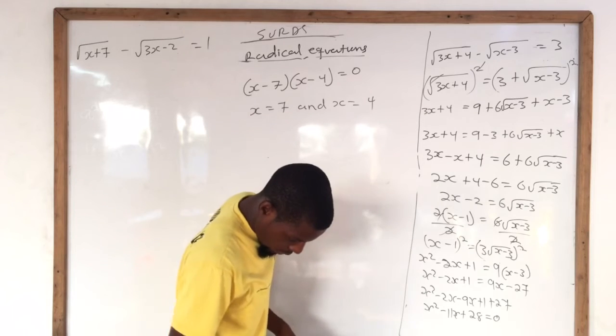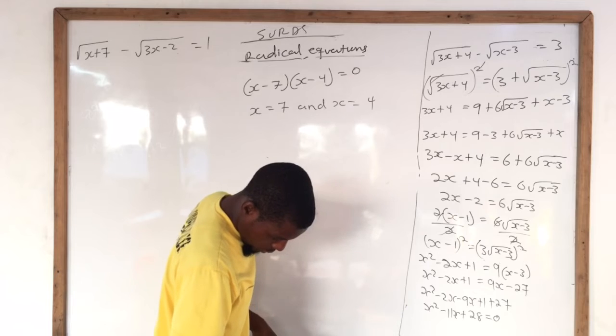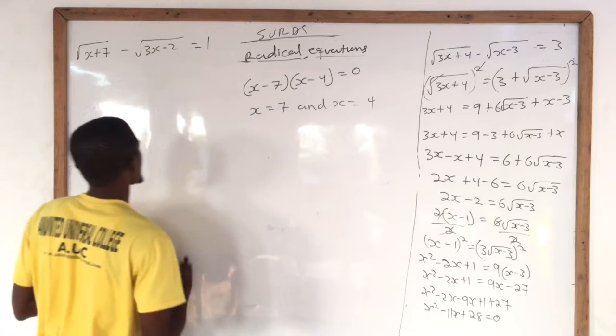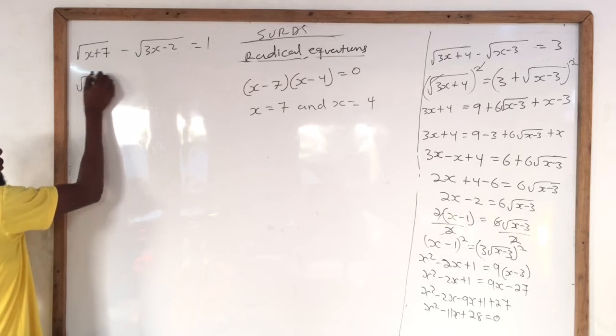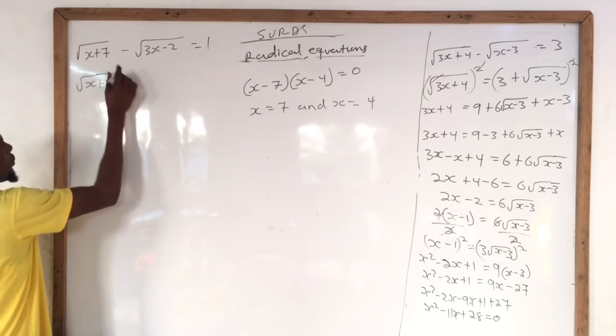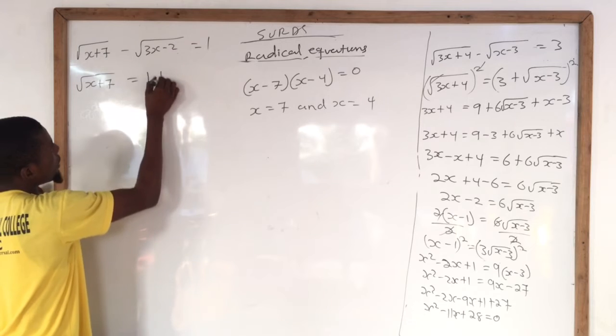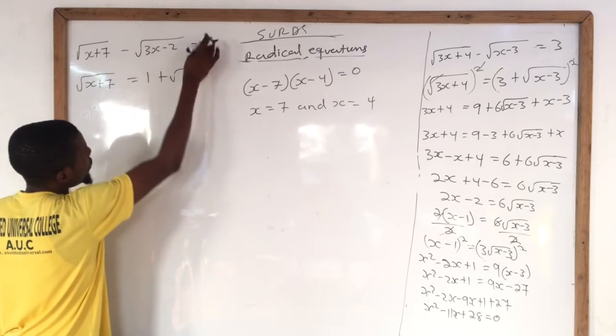So let's solve this particular one. So of course, since I have to eliminate the square root, let me set this one there. That's easier for me. So it's negative. When you cross, it becomes positive.